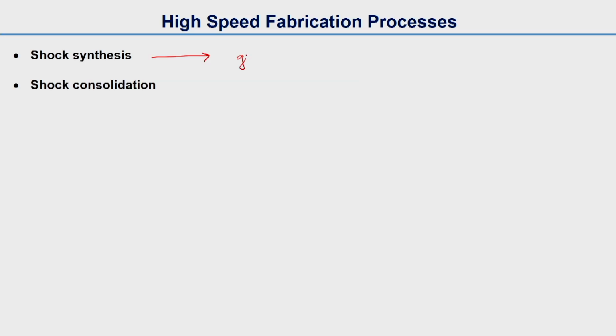Shock synthesis is used for production of diamond from graphite. So we can have diamond from graphite. And shock consolidation is generally used for powders.